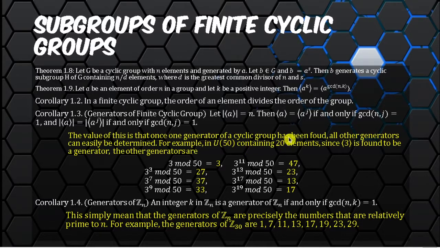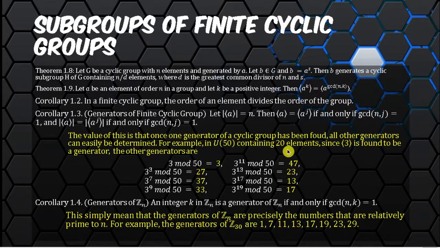It was mentioned here. So, our n here is 20. Now, if 3 is one of the generators, how can we compute for the other generators? Now, we need to think of numbers that are relatively prime to 20. So again, where did this come from? It's coming from the number of elements. Yung mismong order ni U of 50, itong 20 na ito.